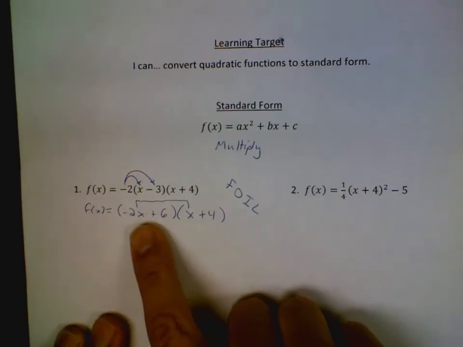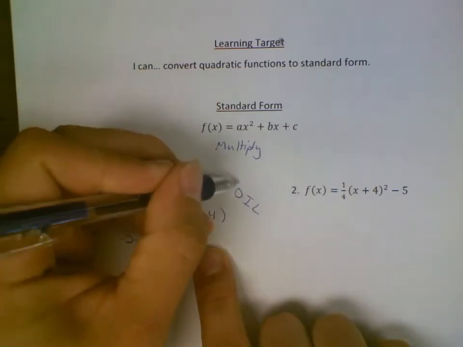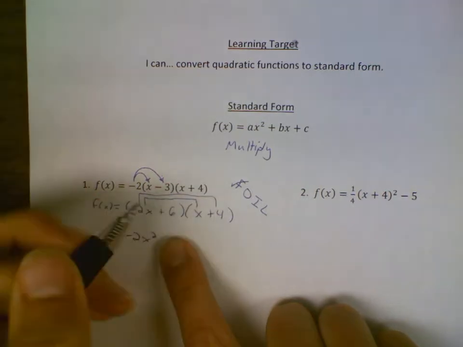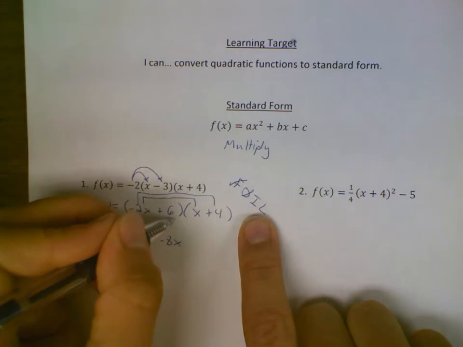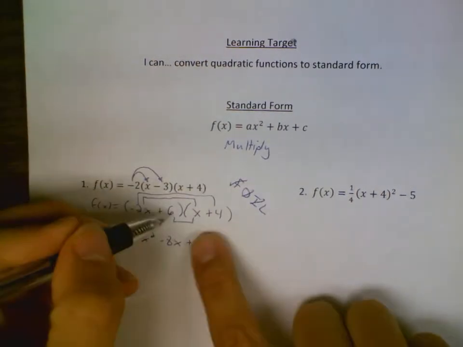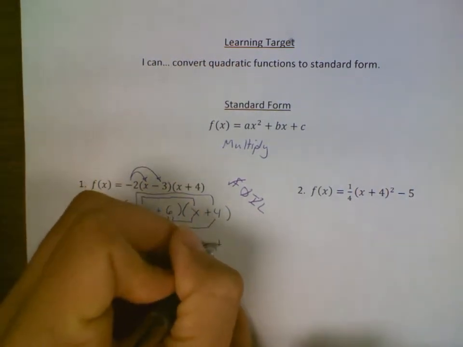So -2x times x is -2x squared. The O stands for outer, so you take -2x times 4, which gives you -8x. The I stands for inner, so 6 times x, which is 6x. And the L stands for last, so last times last, 6 times 4, which is 24.